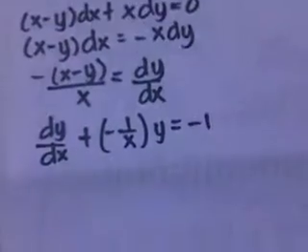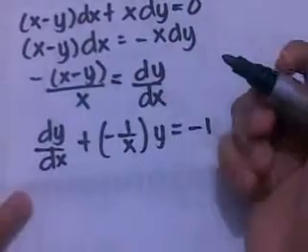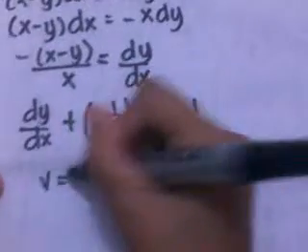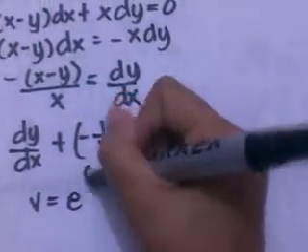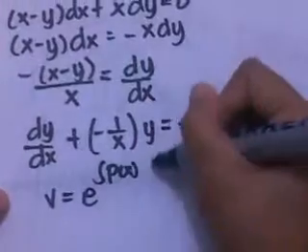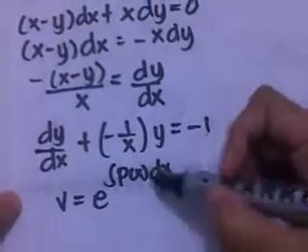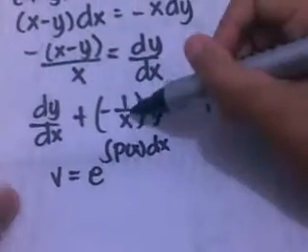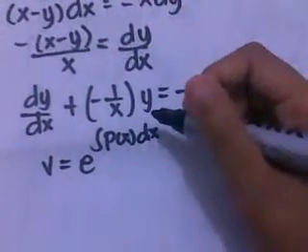And then the next step is to find its integrating factor, wherein the integrating factor is v equals e to the integral of p of x dx. So our p of x here is negative 1 over x. So let's substitute.